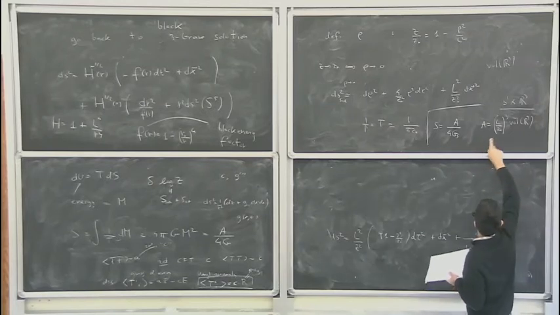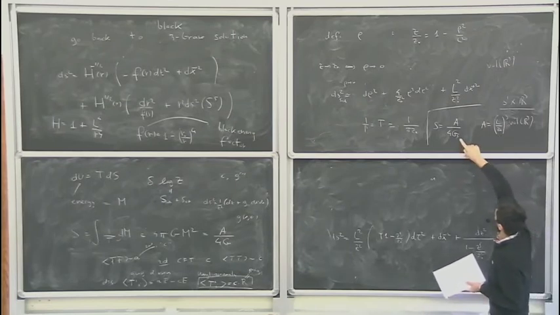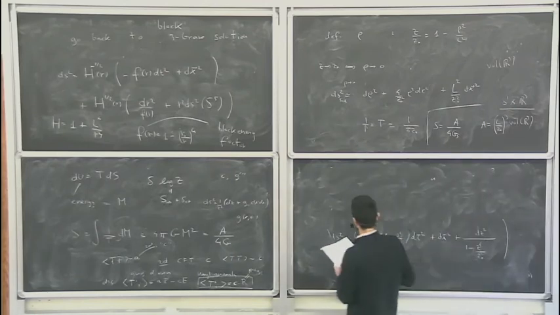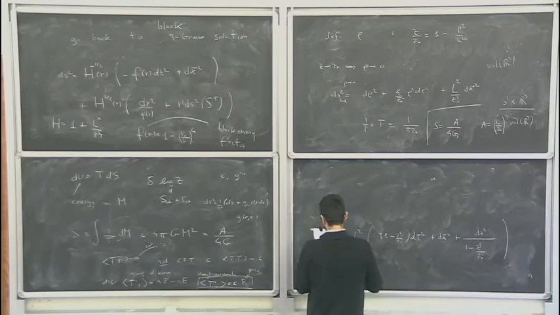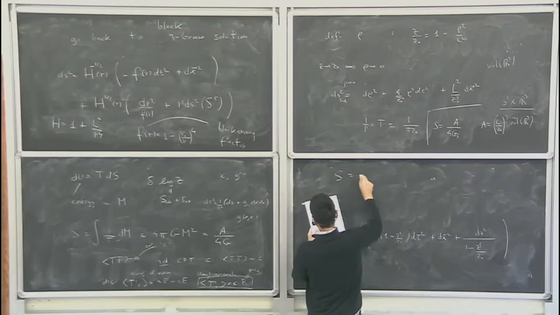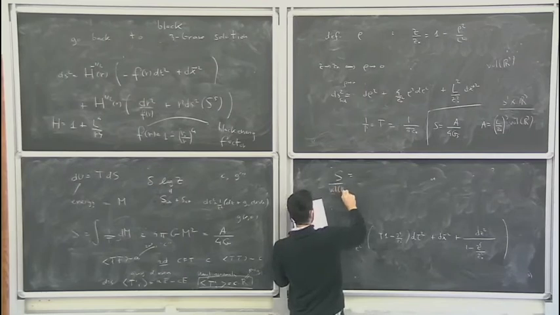So this area, which is depending on the temperature, depends on G Newton in 10 dimensions, and then through L, also in various factors of n. So the entropy at one level is given by, let's put the volume already on this side, volume over 3.